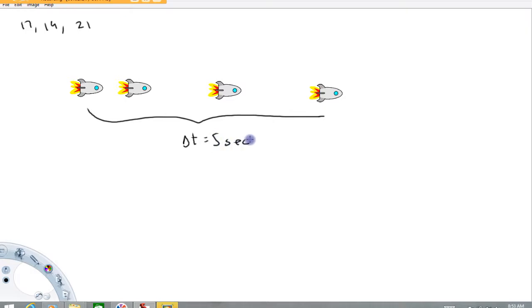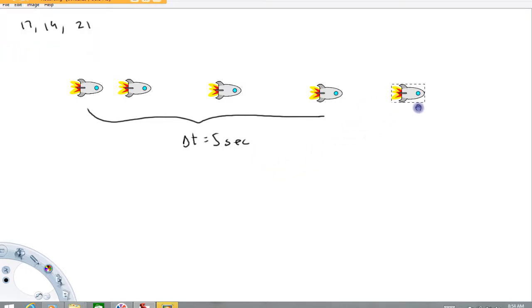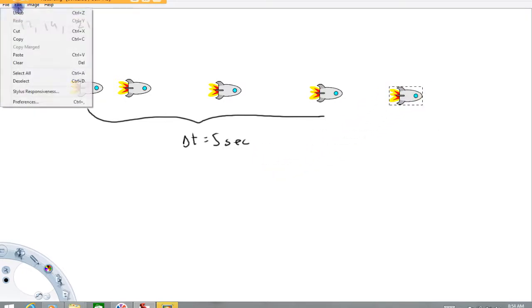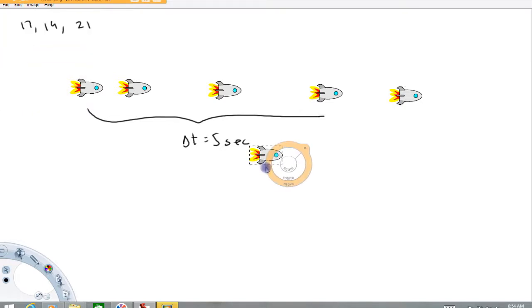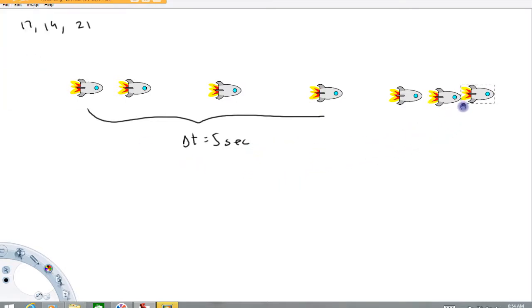Then the rocket was brought to rest really quickly. So I'm going to kind of continue the motion diagram. And this occurred over a very small time frame, listed in the problem, 1.4 seconds.